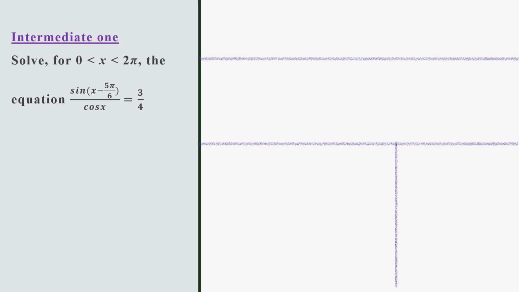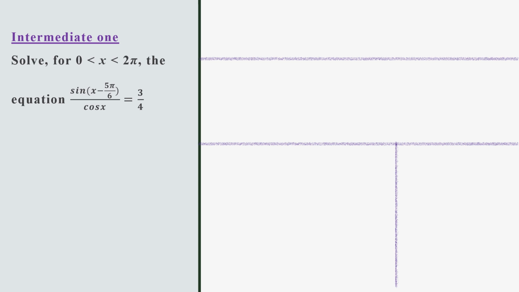Let's look at the next question, which is slightly harder than the one we have done earlier. It's harder because it involves the addition formulae for sine. How do you know that you need to use the addition formulae for sine? That is the reason why in the earlier slide, I advised you to familiarize yourself with all the formulas.